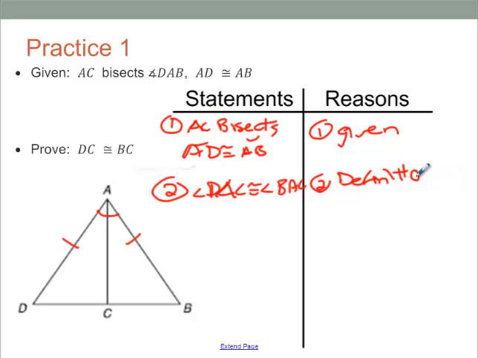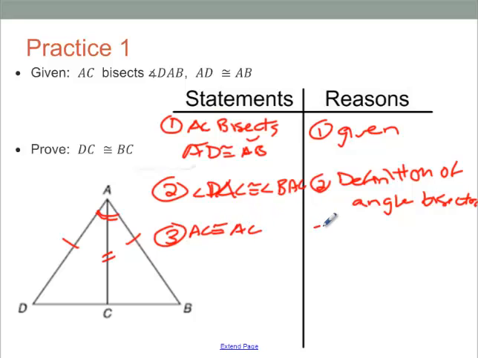Let's try that again. Definition of angle bisector. So these are congruent to each other. And I also know the triangles share a common side, so AC is congruent to AC by reflexive.